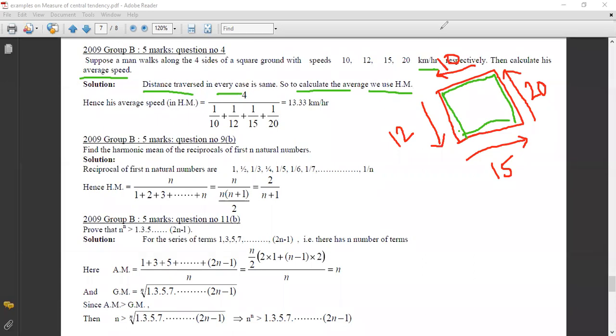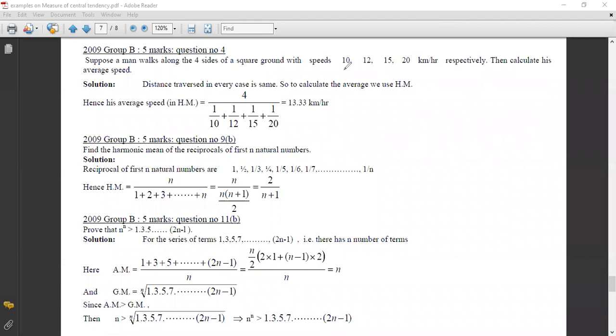How can you use the HM? Since there are four observations, the formula is 4 by 1 by x1 plus 1 by x2, second item, plus 1 by x3, third item, plus 1 by x4, fourth item.